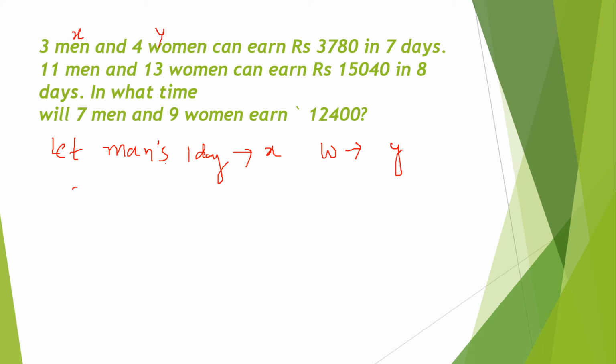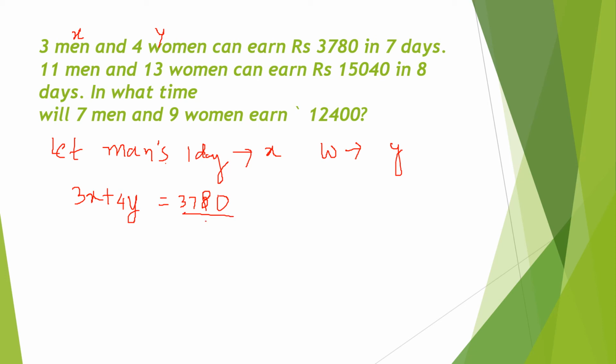So what will be the equation? 3x plus 4y, which will be equal to how much? Can earn how many rupees? 3780 rupees in how many days? In 7 days, right?